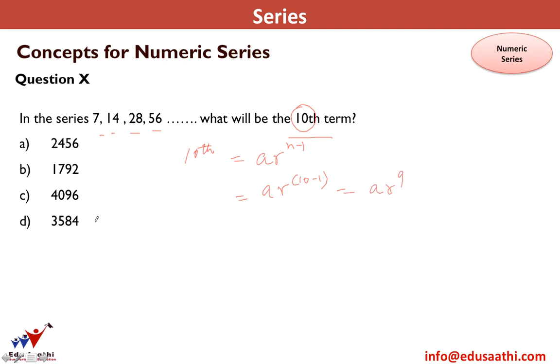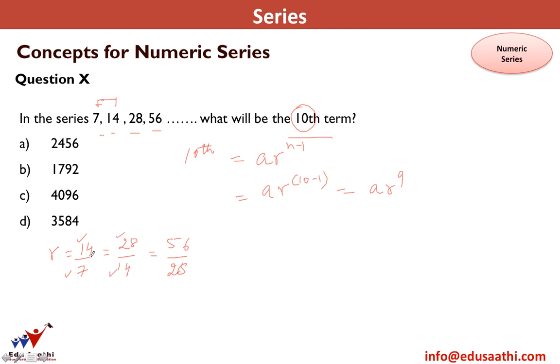Now what is r? There, in AP, we subtracted the first term from the second term. Here we will divide. So common ratio r is given as 14 divided by 7. This is also equal to 28 divided by 14, also equal to 56 divided by 28. So what you do is you take consecutive terms. This is the second term, this is the first term, this is the third term, this is the second term.